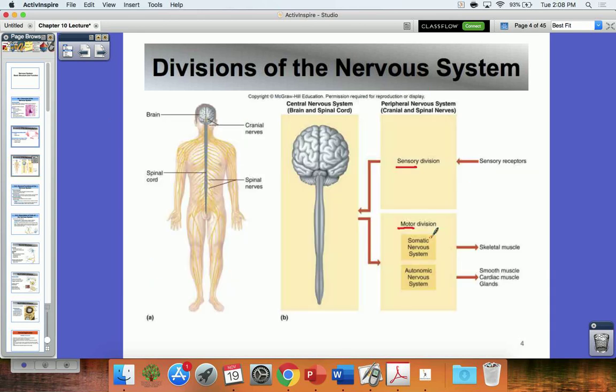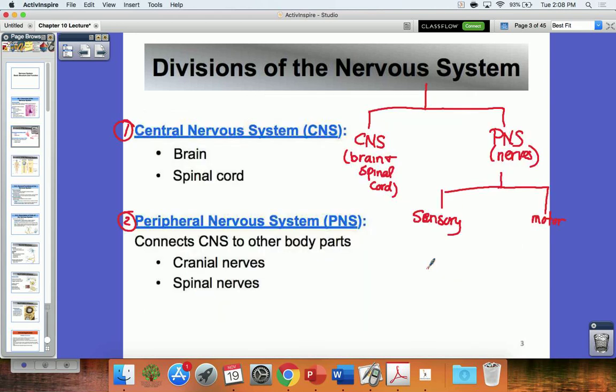Going back to this flow chart, the sensory division is going to be what's taking in information. We'll talk about this a little bit more. And then the motor division can actually be subdivided even farther into the somatic nervous system and the autonomic nervous system. So I'm going to go back to my chart.